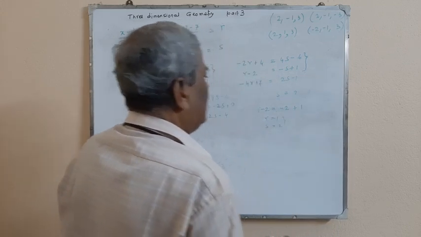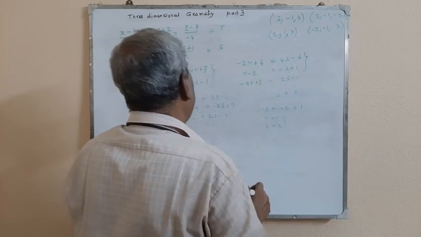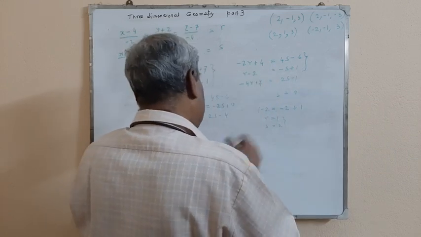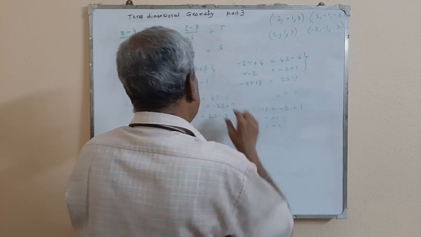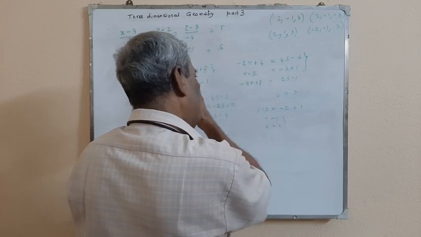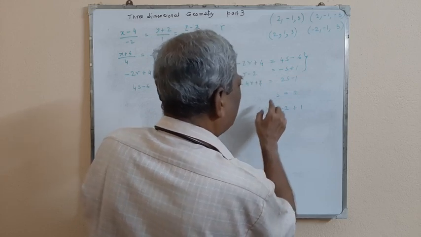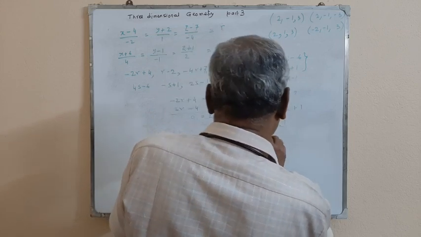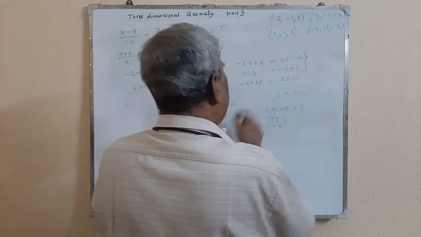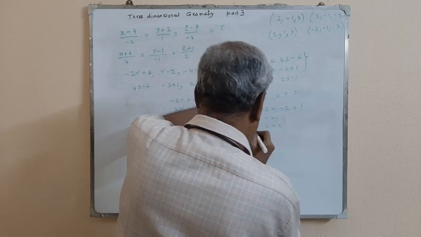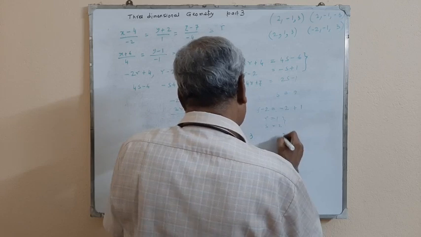Now let us see whether these values, which we obtained from the first and second relations, also satisfy the third equation. If they do, then we say that they meet. Putting r equal to 1, minus 4 plus 7 is 3, and 2s minus 1 is 4 minus 1, that is also 3.